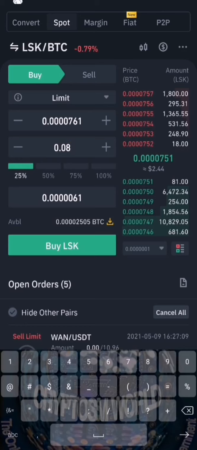This means you are using a certain percent of your wallet, your BTC account, to trade this. When you use 25%, you're using 25% of your entire capital in your BTC wallet to trade. So now I want to use 50%.